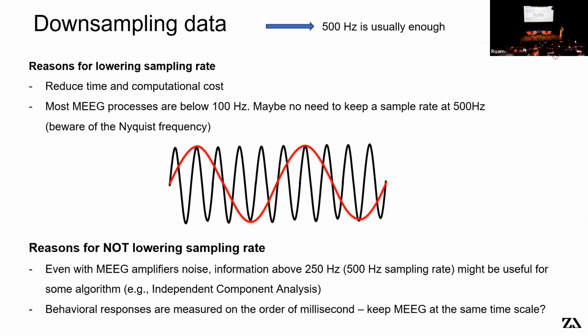And also behavioral responses are measured on the order of milliseconds, so maybe you want to keep your data at the same time scale. Usually, if you record your data at 500 hertz, it's enough for most EEG and MEG analysis.